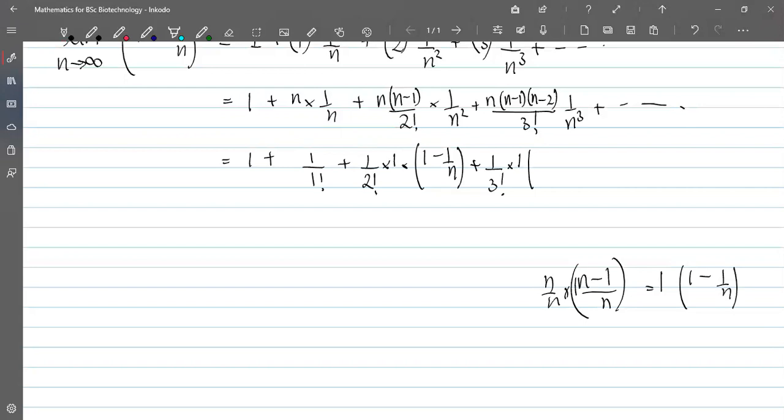This n minus 1 upon n can again be written as 1 minus 1 by n. Then you have n minus 2 upon one more remaining n, so that is 1 minus 2 by n. Is this clear? And so the same pattern will be followed throughout. I hope this is clear. If not, please ask.